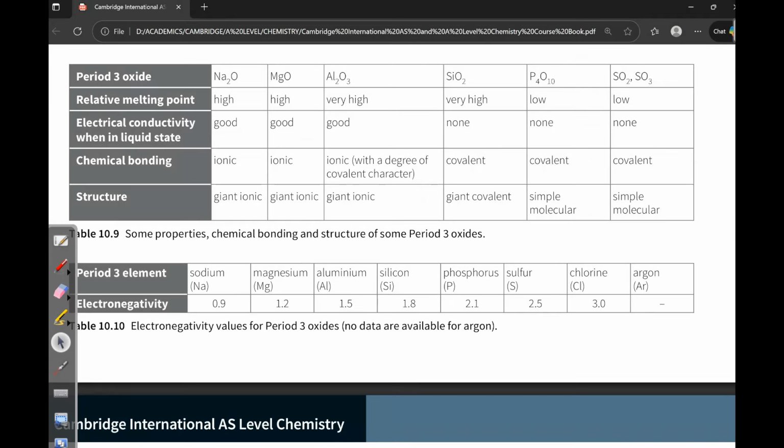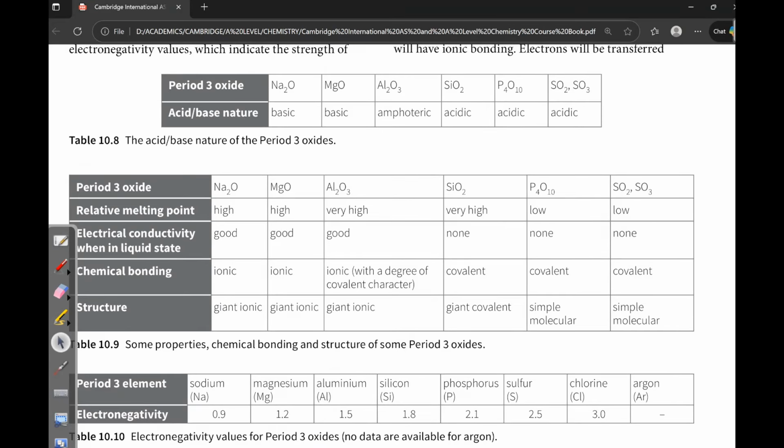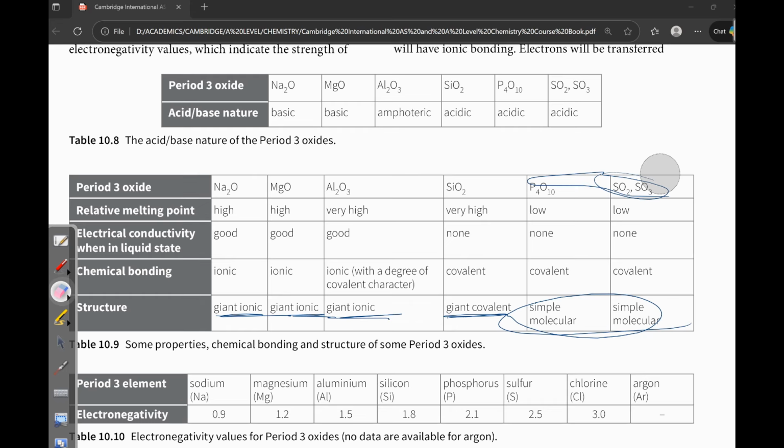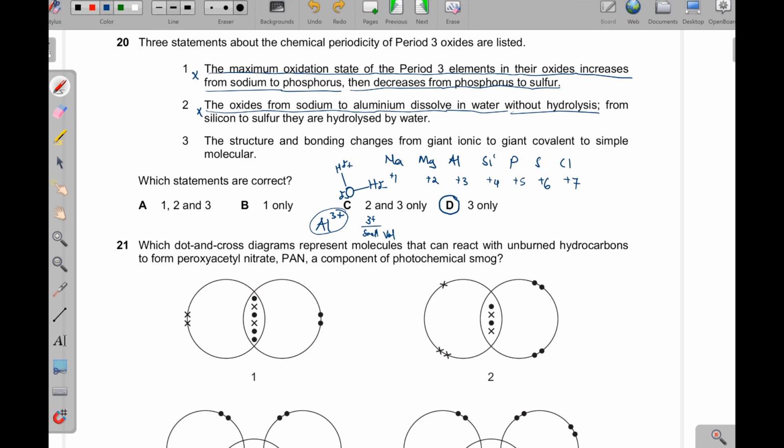You can see that we have giant ionic, giant ionic, giant ionic. Then here you have giant covalent, then simple molecular structures for these ones. As simple as that. So that is what we are having there.